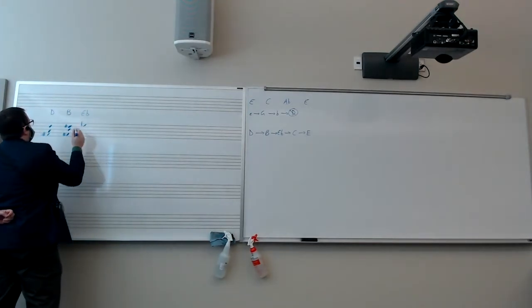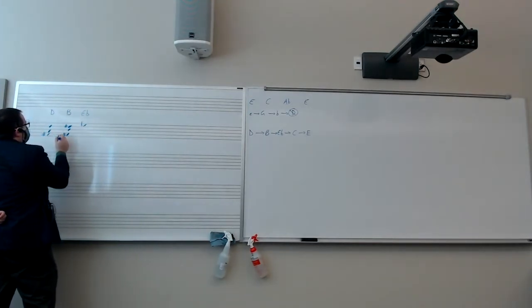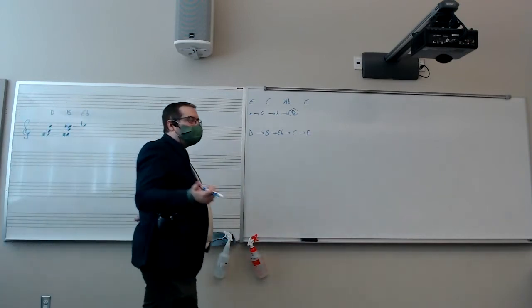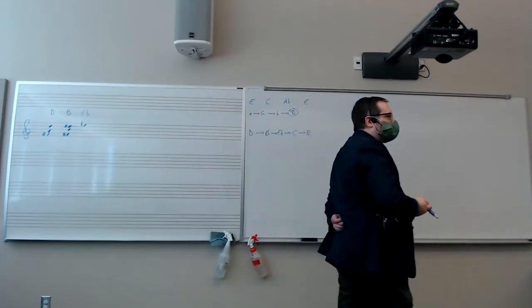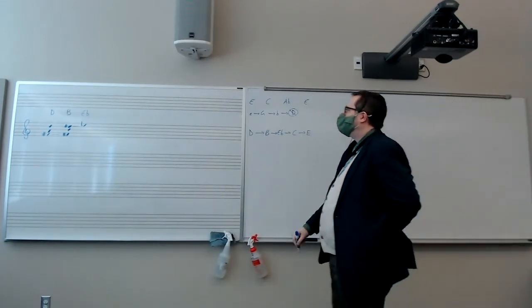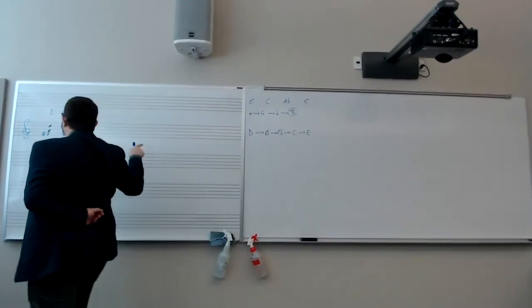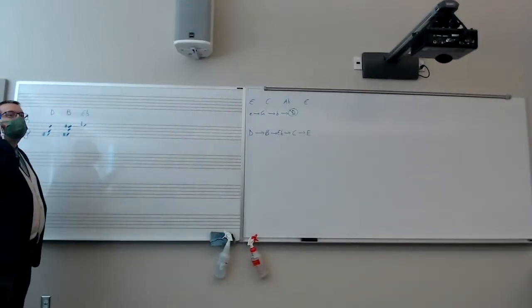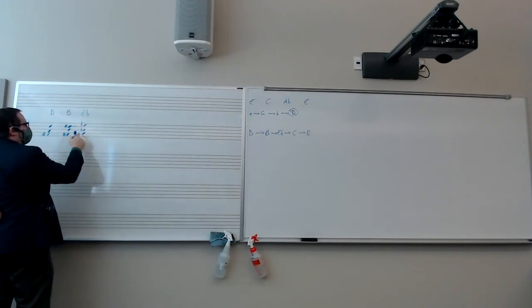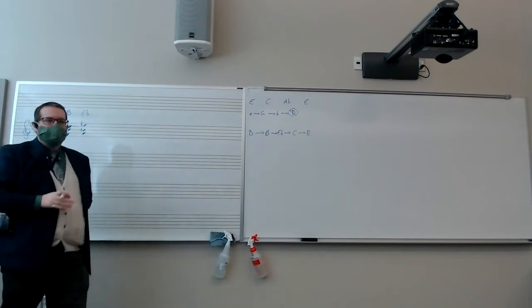So we'll use that, stays the same. What shifts? B becomes B flat. F sharp goes to G. By the way, half step shift, half step shift. Very smooth.